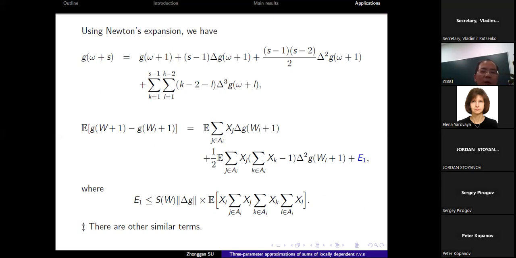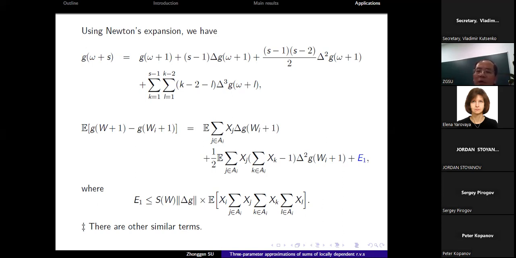The next step is to calculate the expectation of G(W+1) minus G(W_i+1). We just calculate the difference between these two terms, and we use the above Newton expansion to get this formula.